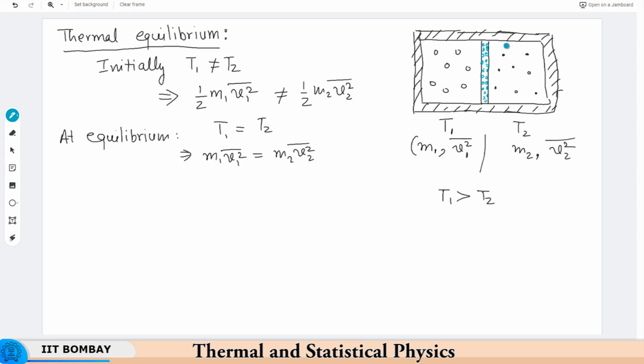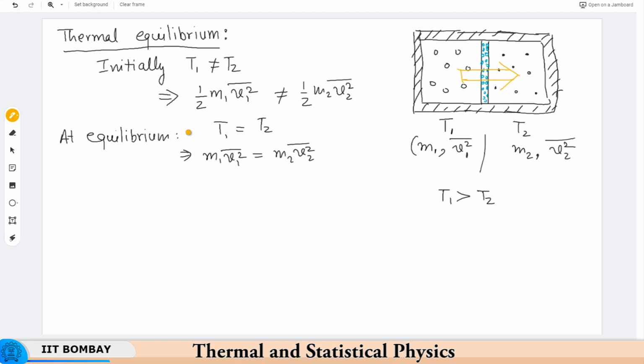So, just remember, you have certain molecules which are moving and jiggling much faster. So, they are just transferring that kinetic energy from the left side of the container to the right side of the container, right. So, if I can maybe draw, there is a net flow of kinetic energy from left to right, if your temperature T1 is greater than T2, and the energy is being transferred just due to the repeated collisions that these molecules make with the conducting wall, and then that energy gets transferred to the other side, right.